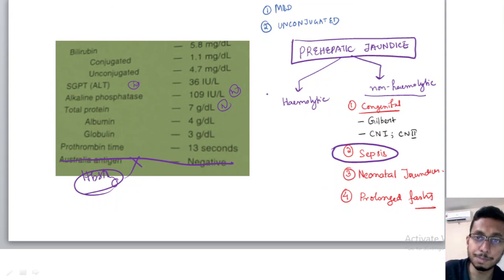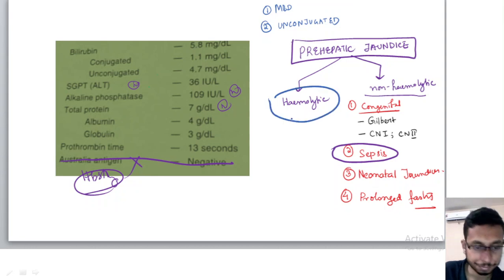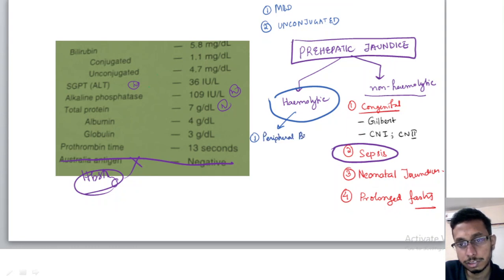For the hemolytic part, to rule out thalassemia or spherocytosis or immune hemolysis or structural changes, one thing that you should order is a peripheral blood smear.